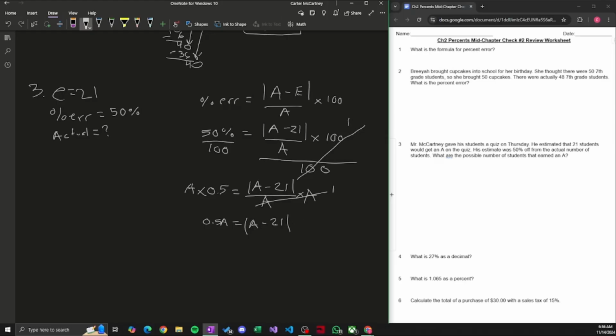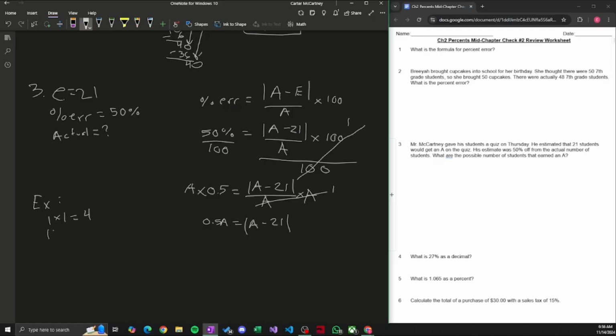Now, when we have absolute values, we know that what is inside of the absolute value can either be positive or it can be negative. So, if we take a look at an example, the absolute value of x equals 4. What can fit in here that would make this true?